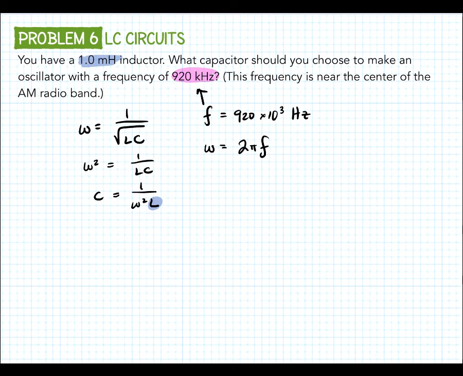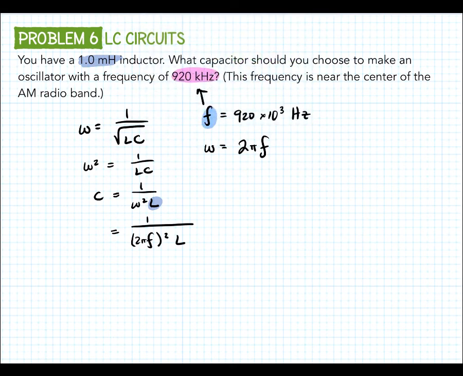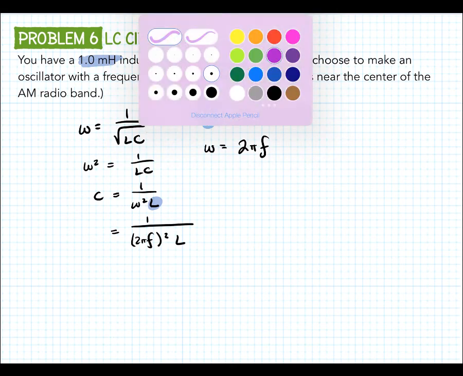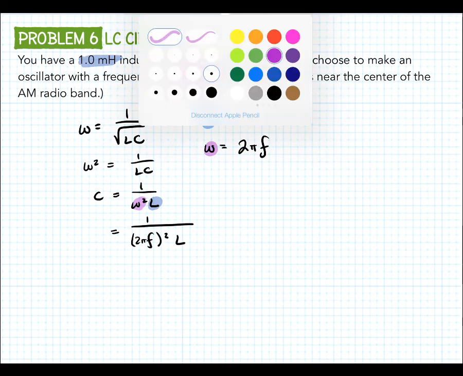So really, when we want to write this out, if we don't want to have to convert, this is going to be equal to 1 over (2 pi f) squared L. All right. So remember this frequency f is not the same as omega, okay? So in order to get omega, we have to convert.